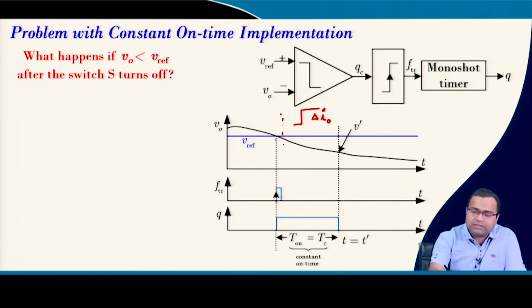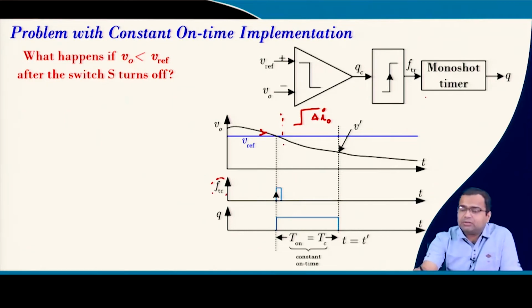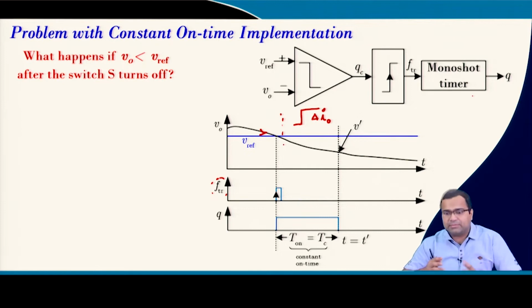We know the logic: when the output voltage crosses Vref, this is the direction of the output voltage, the edge detection circuit detects a positive edge, this is the edge detection circuit output, and this enables the monoshot timer.